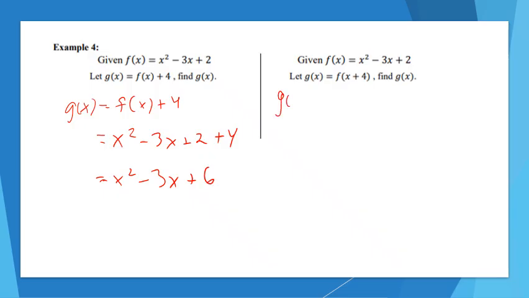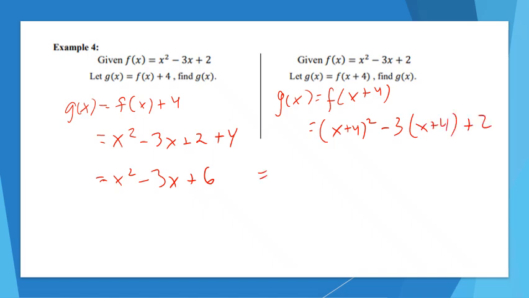Here, g of x equals f of x plus 4, which is x plus 4 squared minus 3 times x plus 4 plus 2. Foiling this out, you should get x squared plus 8x plus 16 minus 3x, so foil this out as well, minus 12 plus 2.